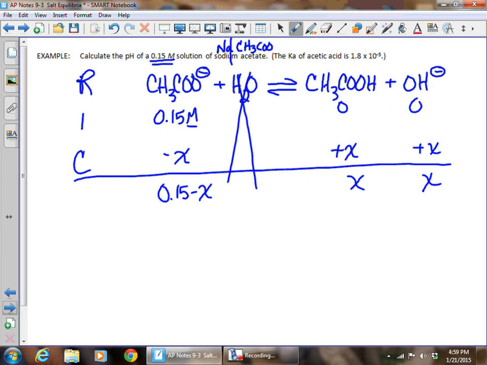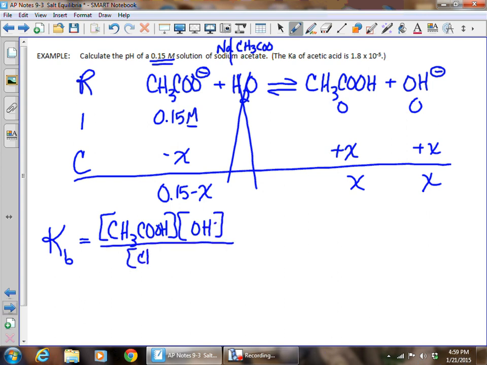We set up our equilibrium expression just like we've been doing, and now remember, CH3COOH is the acid, so what's CH3COO minus? That's the base. Kb is going to be CH3COOH concentration, products over reactants, times the OH minus divided by the CH3COO minus. So there's our equilibrium expression. And here's the problem.